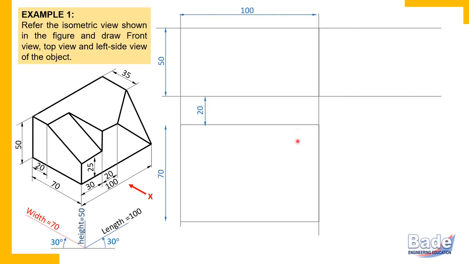In the front view and top view, we have already measured length, height and width. All three dimensions are already measured on our drawing paper, so you must not measure them again in the side view. Instead, you should project them. That is why we have projected the height of 50 millimeters from the front view to the side view.